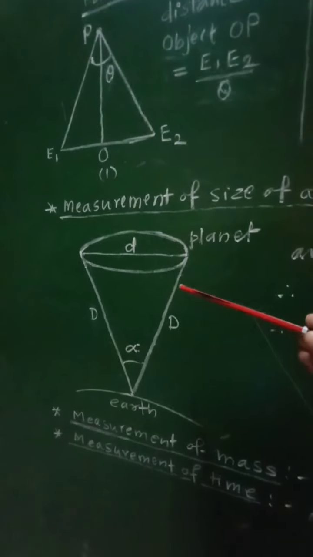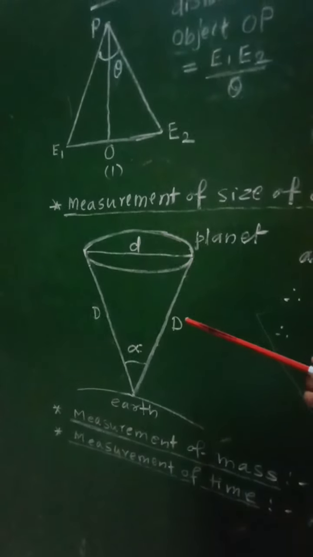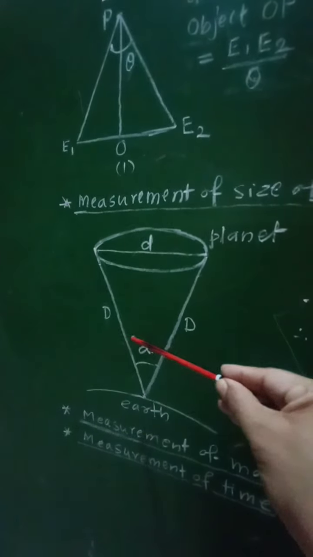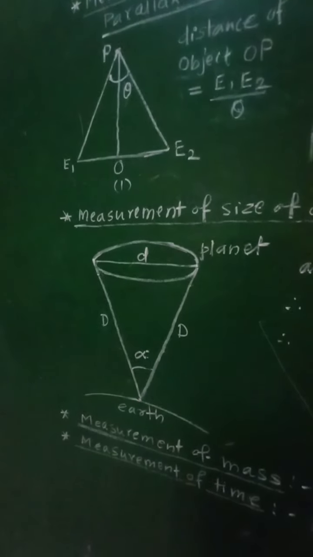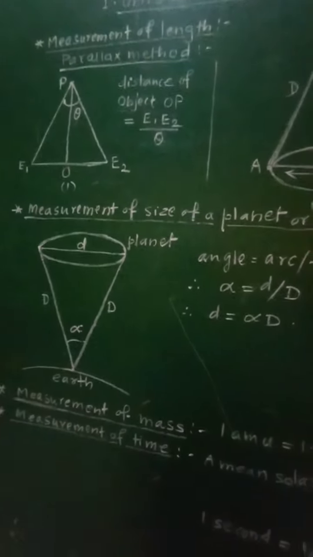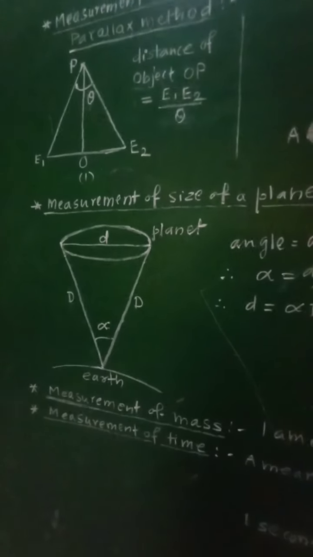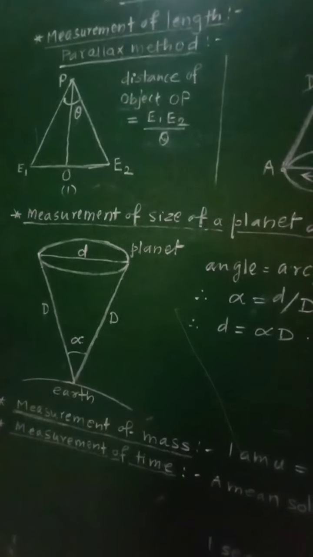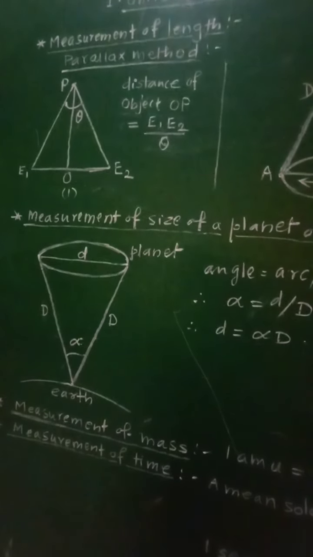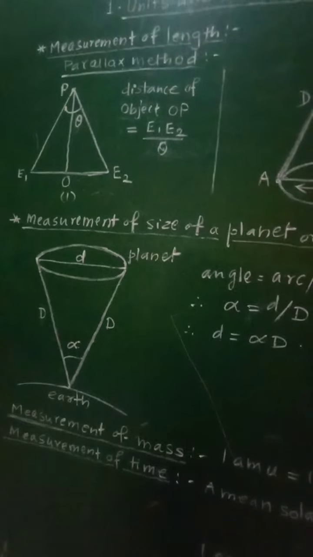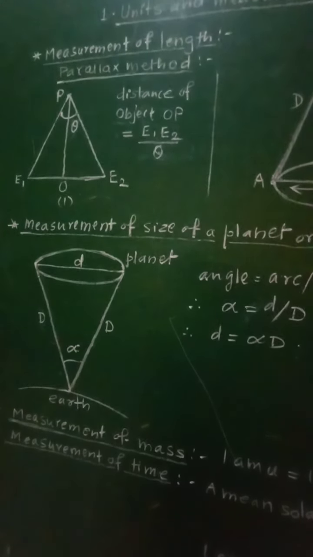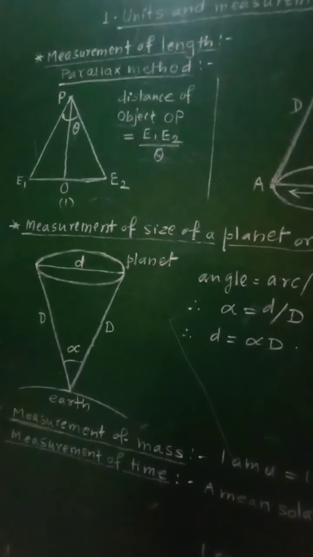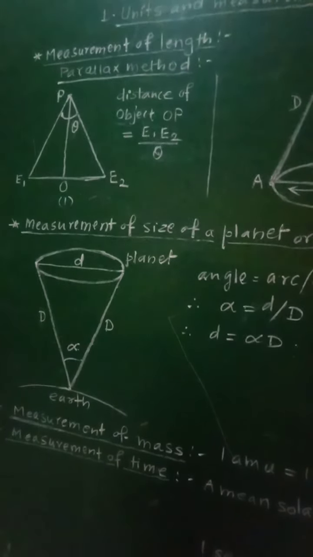From this Earth's surface, if any planet is at a distance equal to D, then the angle between these two inclined lines is taken as alpha, and therefore from this figure now we can determine the size of that planet or a star. If d is the diameter of the planet, the angle subtended by it is equal to alpha at any single point on the Earth's surface, which is called the angular diameter of the planet.